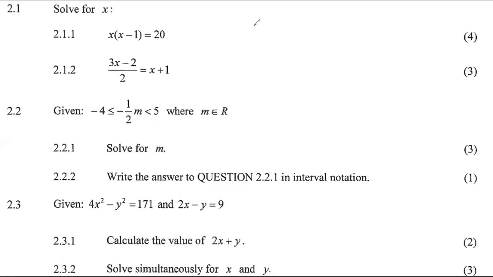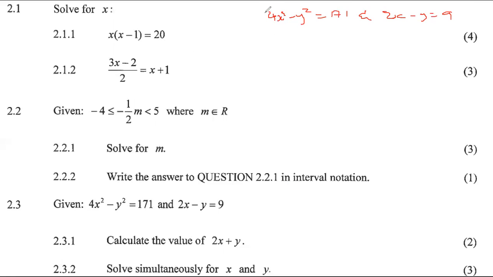Finally, guys, let us solve some simultaneous equations here. But let's start with what 2.3.1 is saying. We are given that 4x squared minus y squared is 171, and that 2x minus y equals 9. We must calculate the value of 2x plus y.